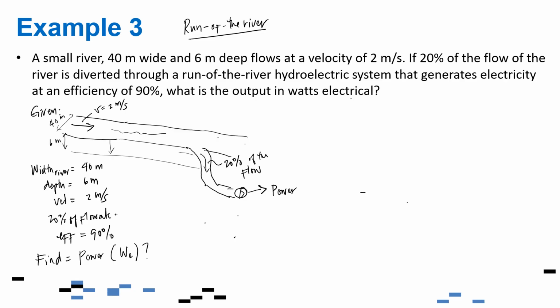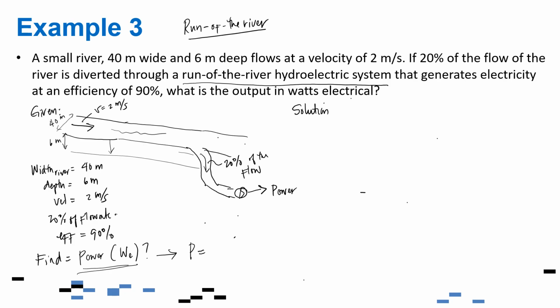Coming from that, I think it is quite straightforward actually. So let's take first the overall formula for the power that we need for a run-of-the-river system. So what is the formula? So solution. We need to put first the formula for power, in terms of a run-of-the-river hydroelectric system.